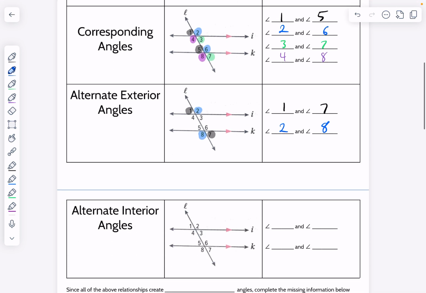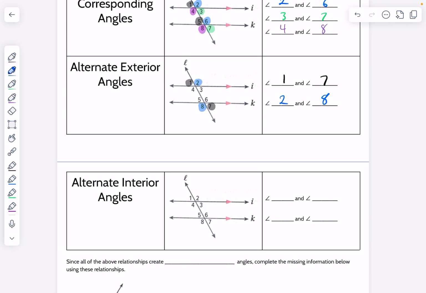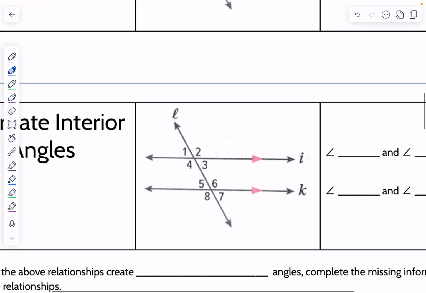All right. The next one, alternate interior angles. Well, we did alternate exterior, so alternate interior is going to be on the inside of the sandwich instead of the outside. So if we zoom in here, let's say we're at angle 3. Alternate interior with angle 3 will be angle 5. Kind of like you're making a Z. So 3 and 5 go together.